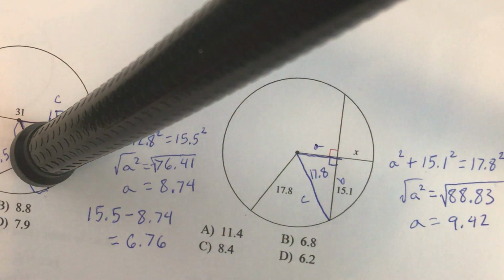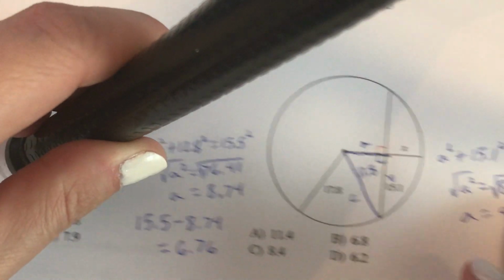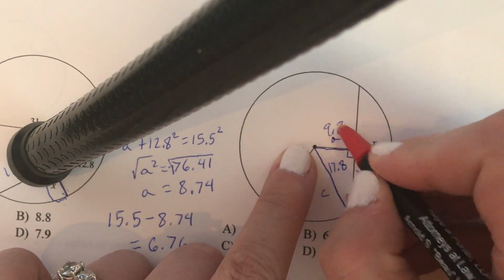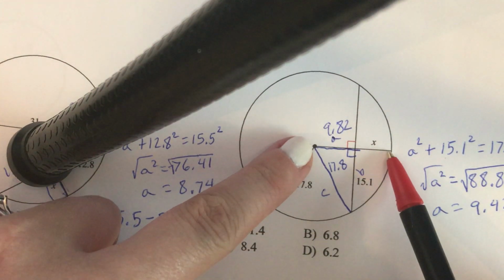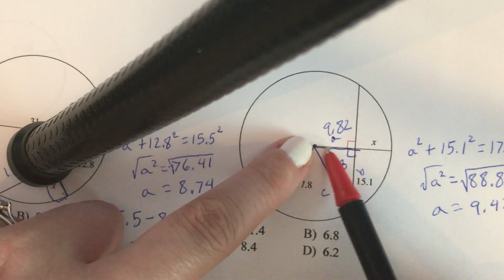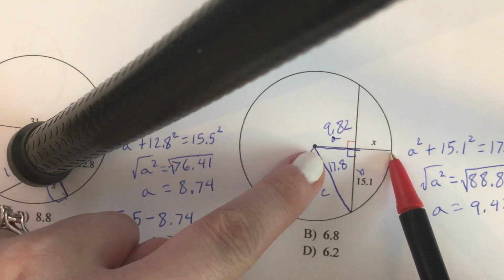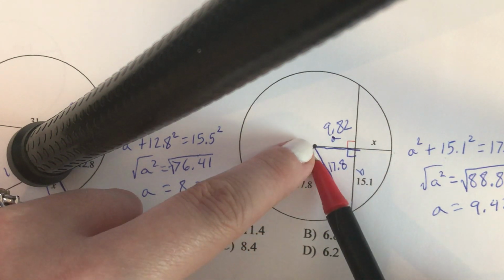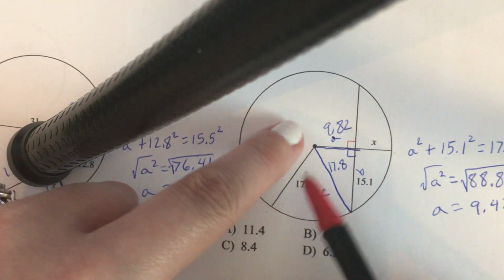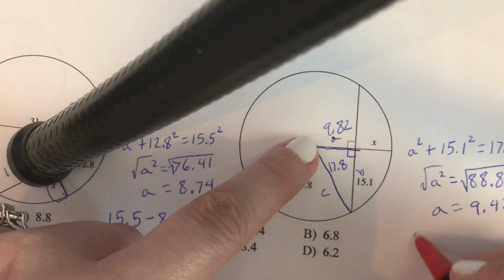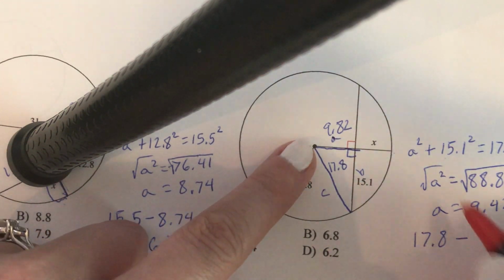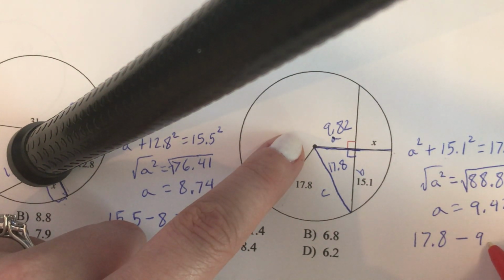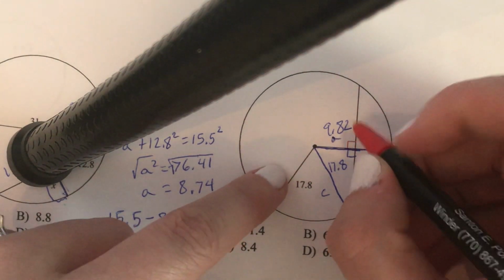Okay, so I know this length right here is 9.42. And I know this is my radius because it's just a line from my center to the end of my circle. So I know I was already given my radius is 17.8. So I know this whole distance is 17.8. Oh, I realized I wrote this down wrong.